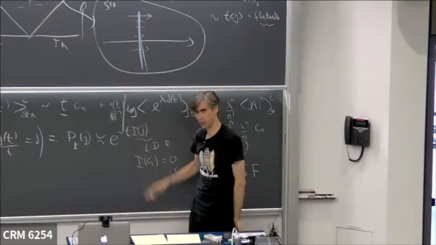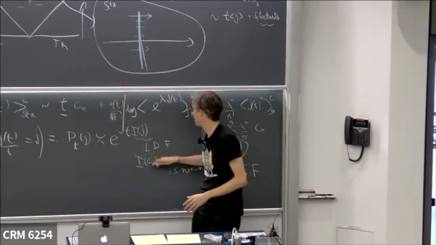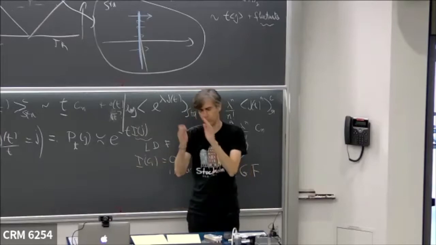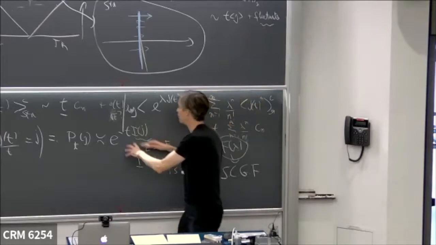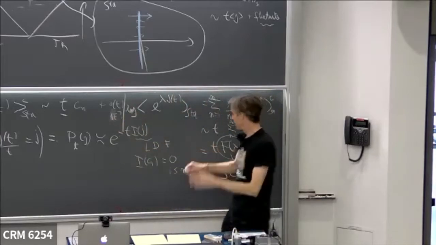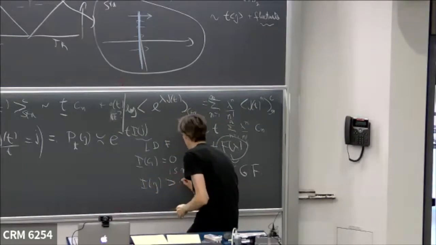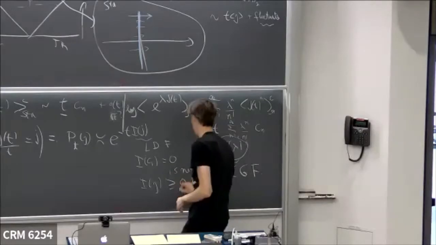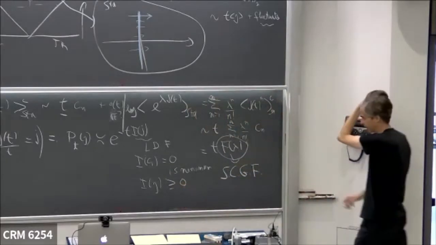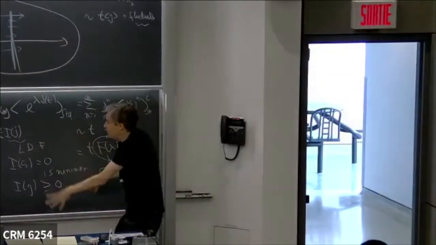So I is 0 there, the probability is very near to 1 there. And so I of j otherwise is just positive, greater or equal to 0, and is 0 at C1. So that's what we would expect somehow to have.